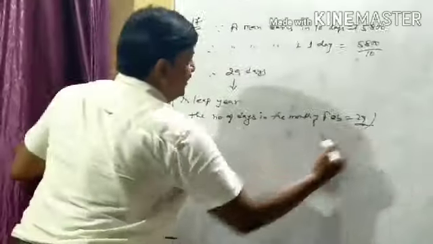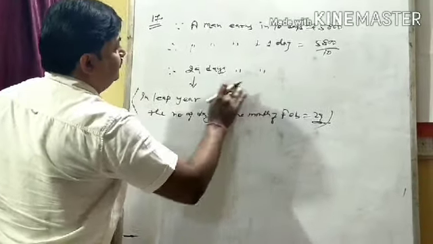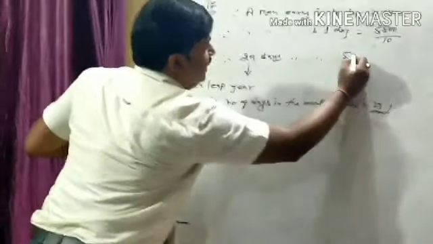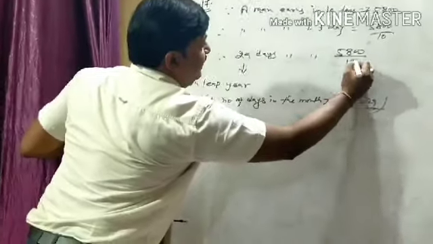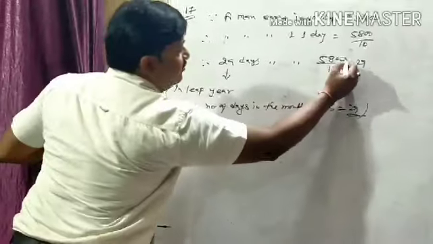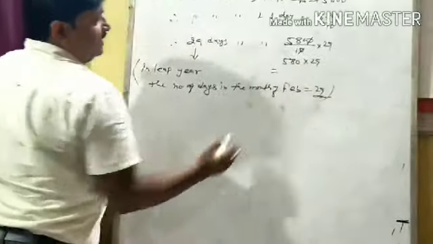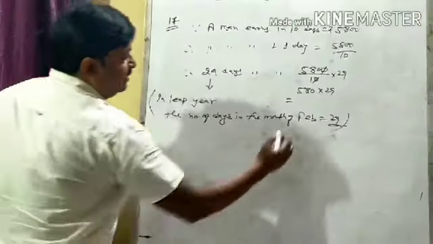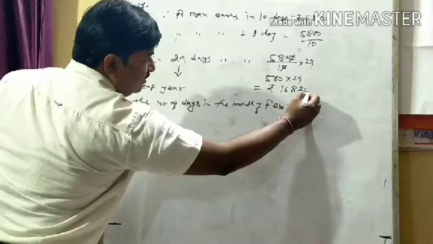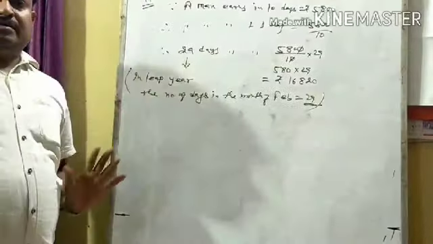Therefore, in 29 days he will earn 5,800 by 10 into 29. Cancelling the zeros, it is 580 into 29. If we multiply, we will get rupees 16,820. So this way you will solve the exercise.